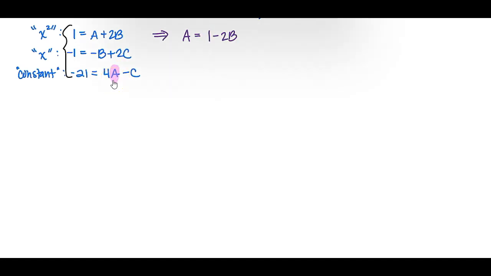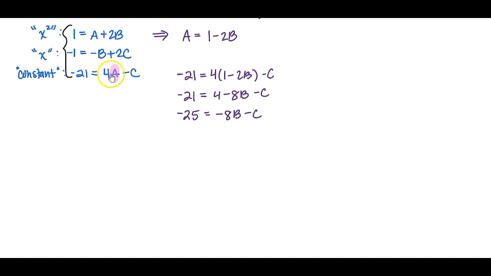So then my bottom equation is going to become -21 equals 4 times 1 minus 2b minus c. So -21 equals 4 minus 8b minus c. I'm going to subtract the 4 to the other side, so -25 equals -8b minus c.